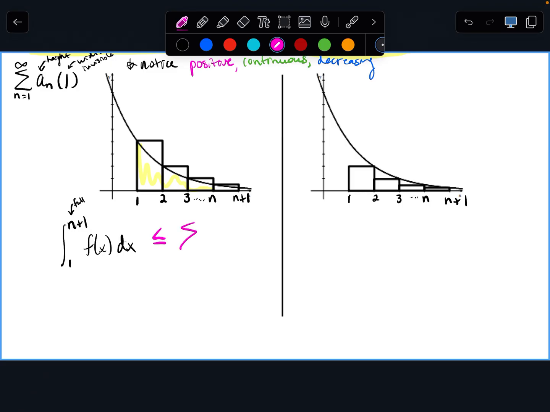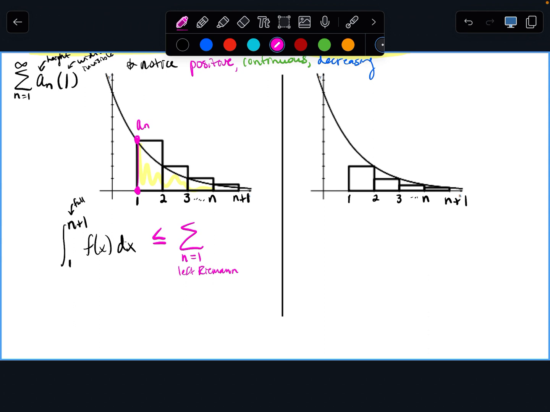So this would be sigma. But if I'm doing my left values, at n equals 1, this is a left Riemann sum. I'm using this first n to get my height.